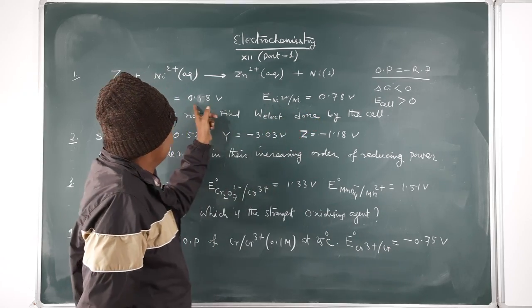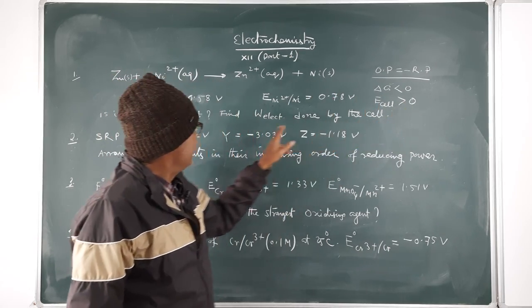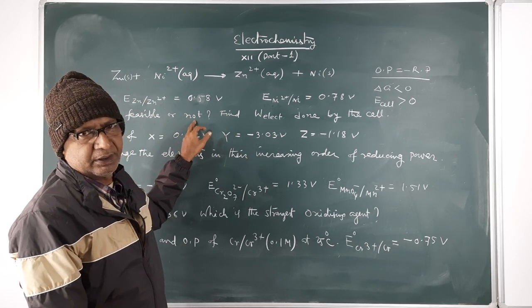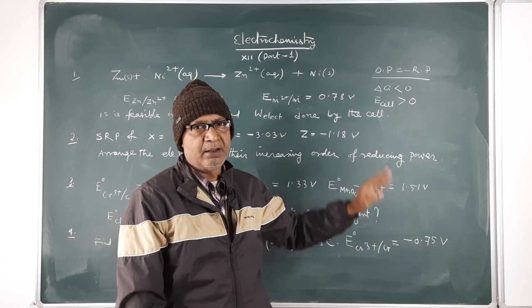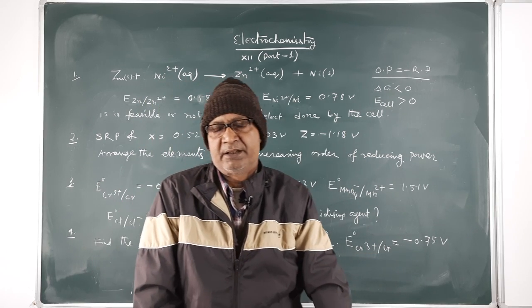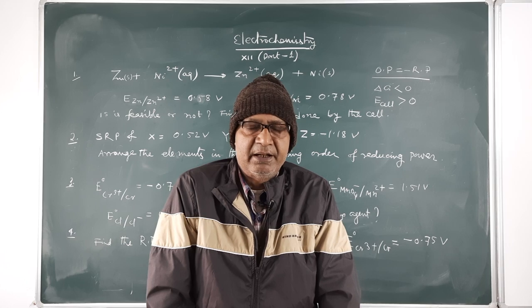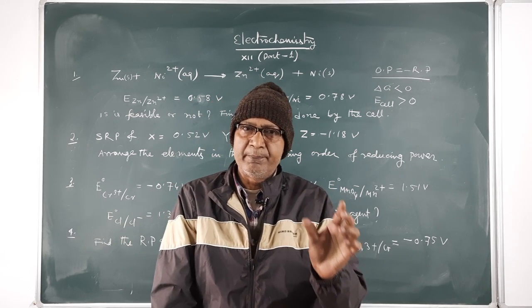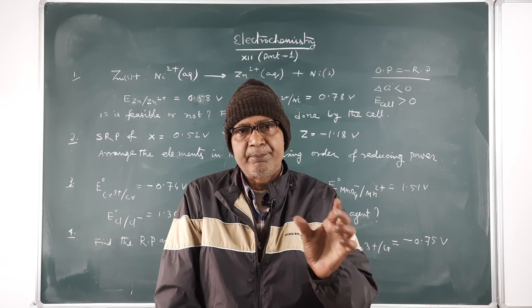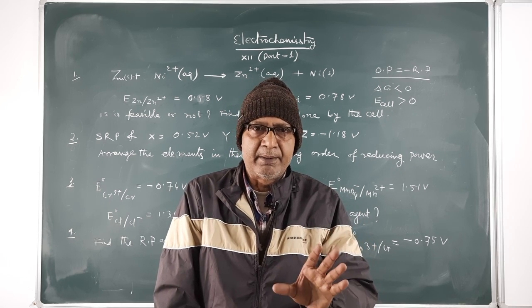So you have to find E cell for the reaction, and then write whether it is feasible or not. If it is feasible, then you find the electrical work done by the cell. What is the electrical work done by the cell? Electrical work equals charge multiplied by the EMF of the cell.